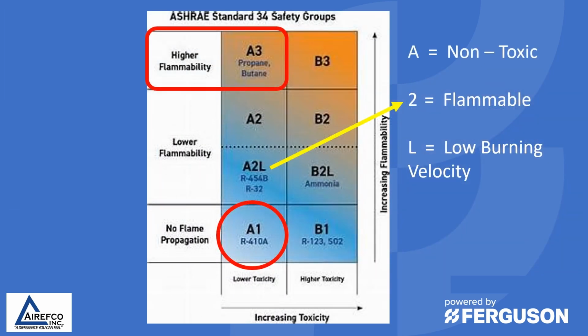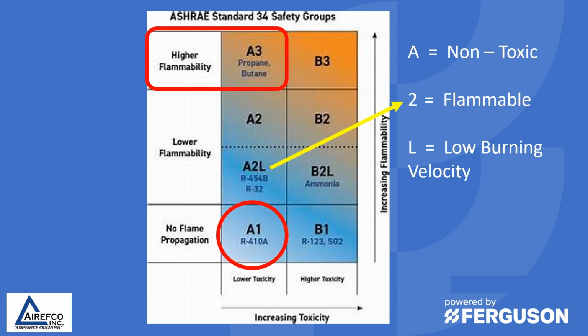The A2L classification is a new classification. A designates it as a non-toxic refrigerant. 2 designates it as a flammable refrigerant. And L talks about the low burning velocity of the refrigerant.